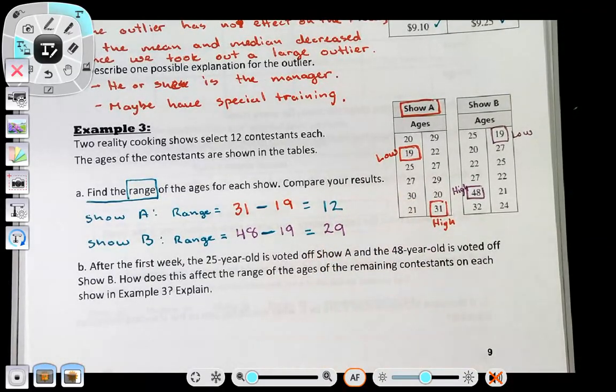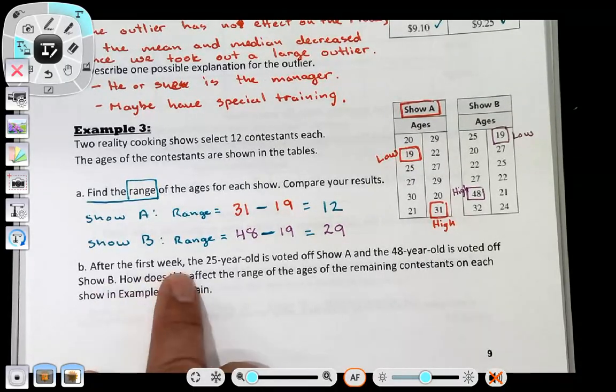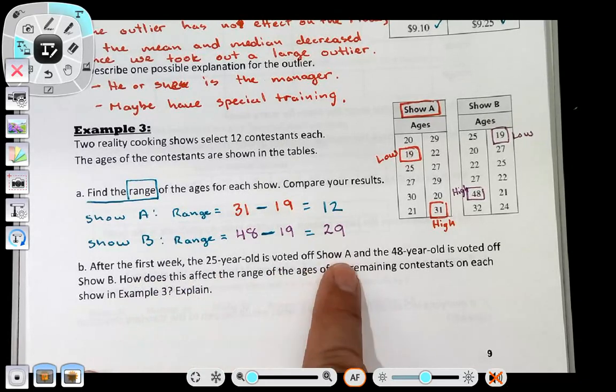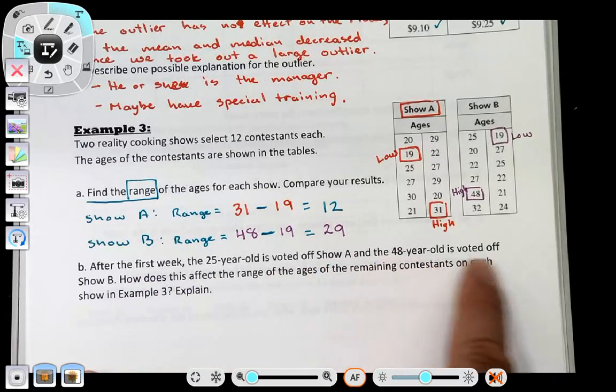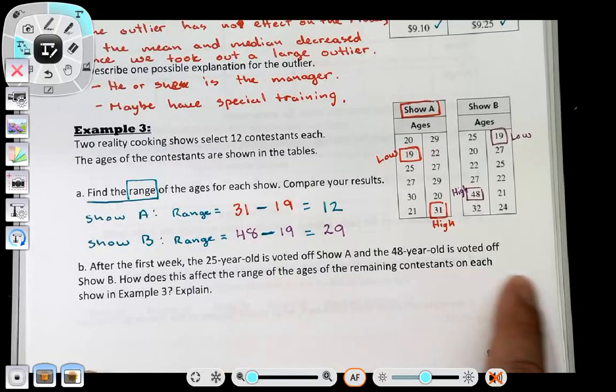So who has the larger range? B. Who has the lowest range? A. So look at the question. After the first week, the 25-year-old is voted off show A, and the 48-year-old is voted off show B. How does this affect the range of the ages of the remaining contestants?